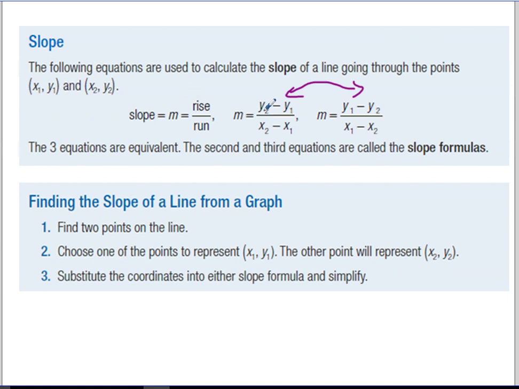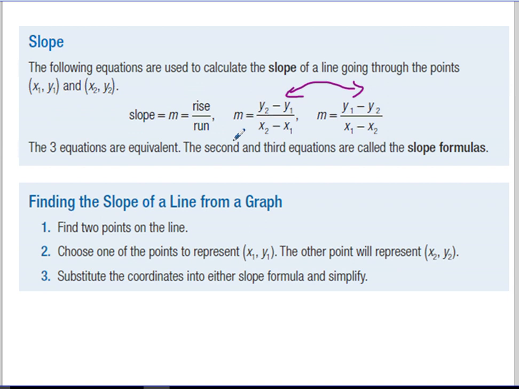Here they have the second ordered pair minus the first ordered pair for the y's and x's, and then this one is just switched around. So what they're telling you is it doesn't matter which point you pick first to do your subtraction, as long as you pick that point consistently first. So if I chose the first y minus y, then I have to go to the first x when I do x minus x.